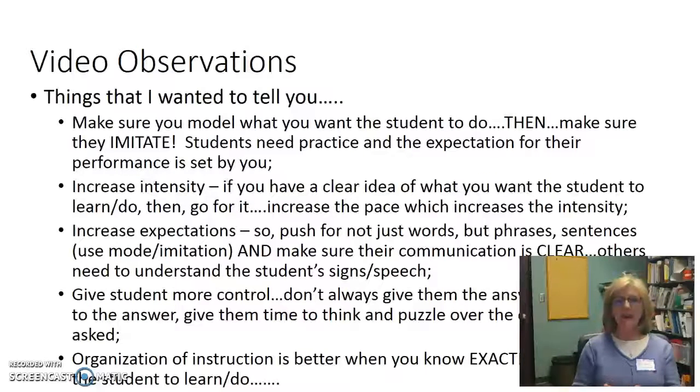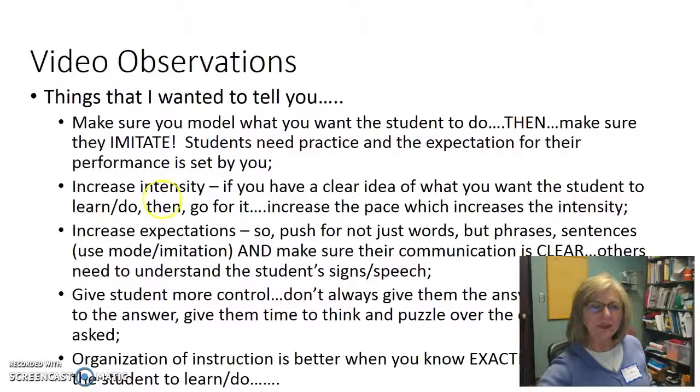You'll understand a lot of what a student says or signs because you know them, but you're really trying to help them communicate to others, so you have to pay really close attention and make them feel it's really important to be clear with their communication.